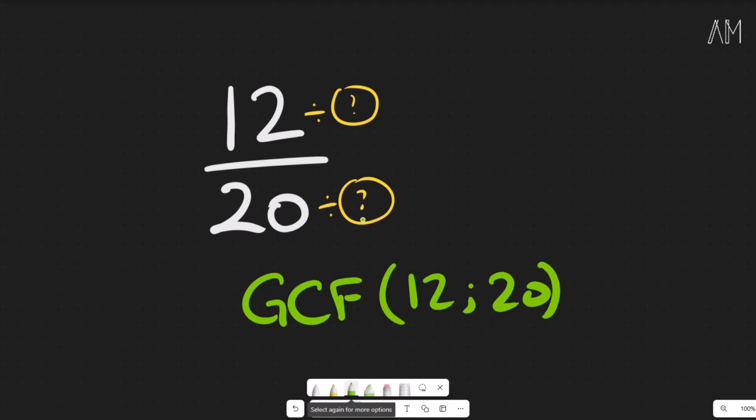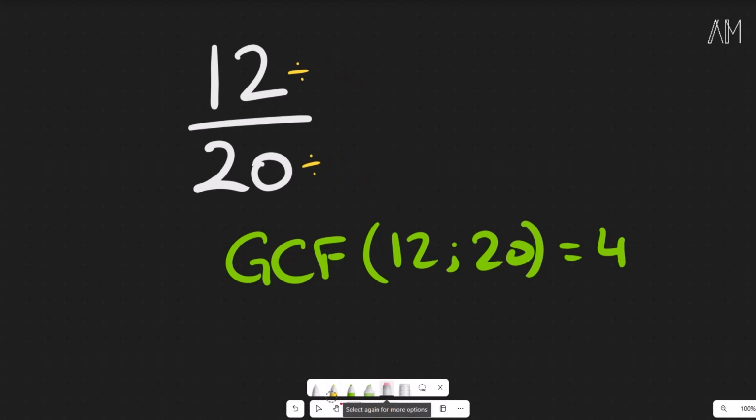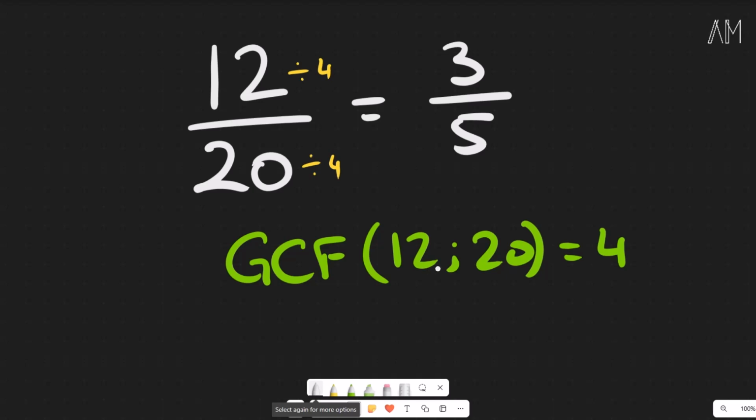And I explained before how we do this. In this case, the GCF of 12 and 20 is simply 4. So by directly dividing by 4, I will know for sure that my fraction will be directly in the simplest form after the division. And that's how we do it.